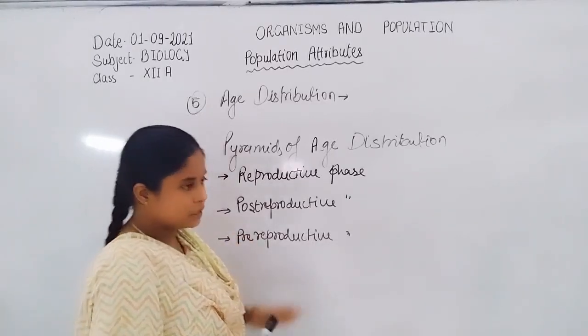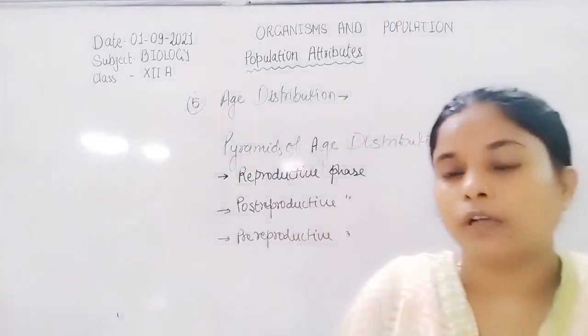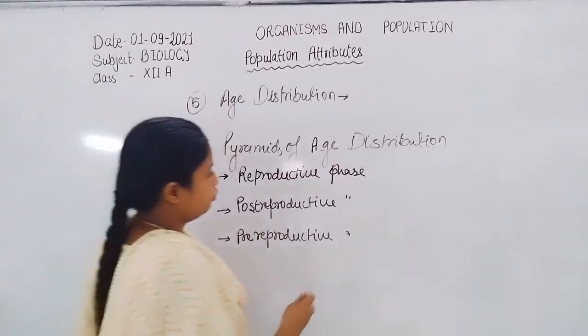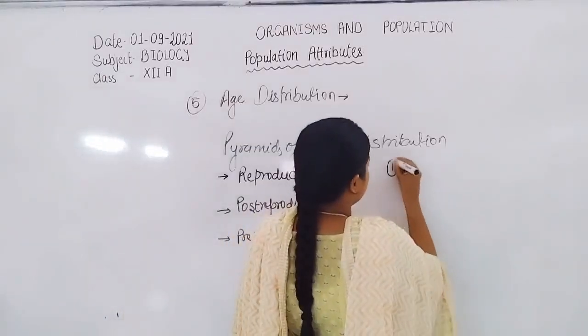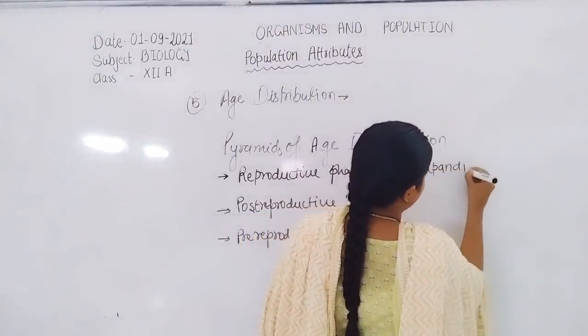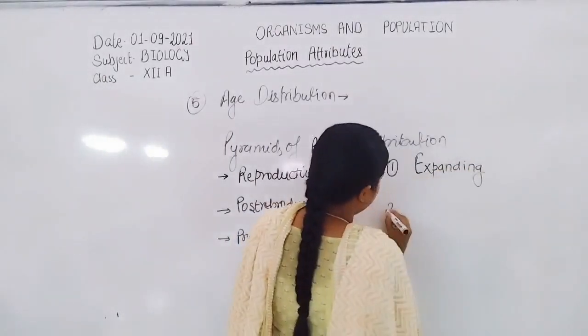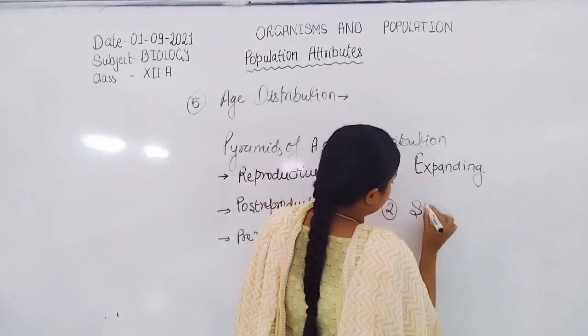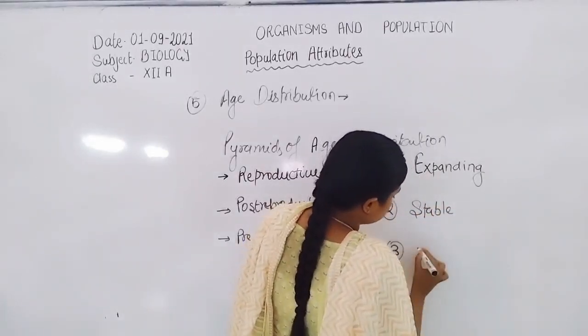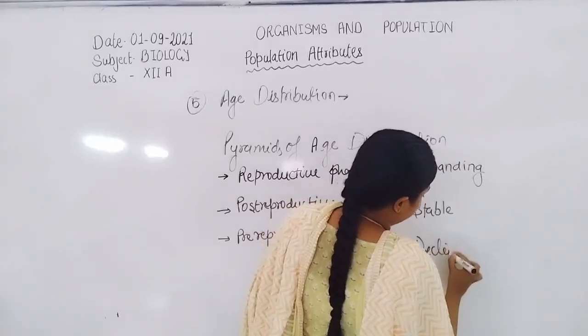On the basis of the number of these individuals, three kinds of pyramids are obtained: expanding type, stable type, and declining type of pyramid.